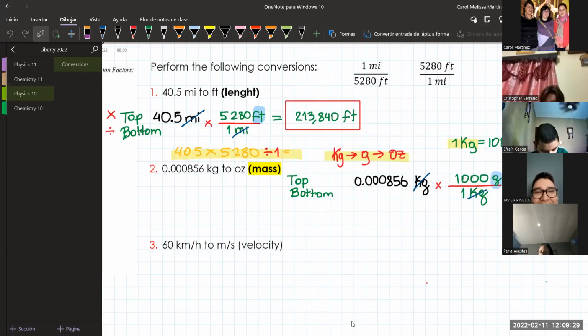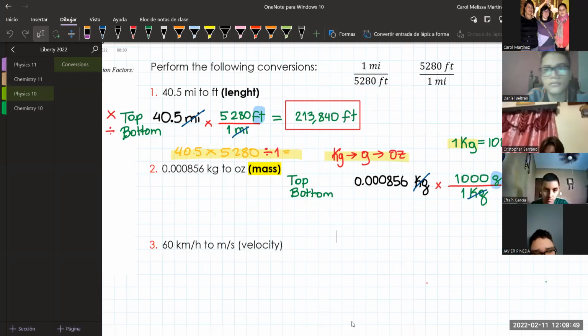But my exercise is not asking me grams, it's asking me ounces. So that means that I also need to convert from grams to ounces. Now, for that, I have a conversion factor that says 1 ounce is equal to 28.35, if I'm not mistaken, because I cannot see it, grams.